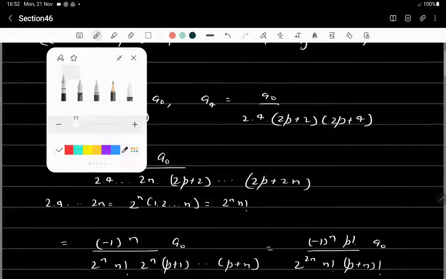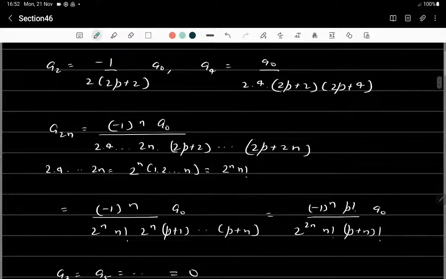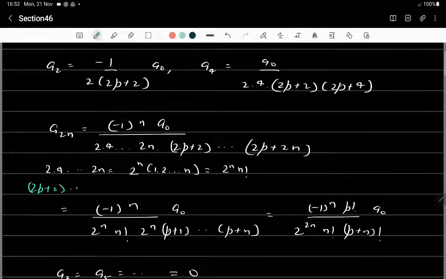Similarly, the second term is (2p+2), (2p+4) and so on, and (2p+2n). If you take 2 common from all the terms, 2 raised to the power n would come out to be common and the remaining terms would be (p+1), (p+2) up to (p+n).